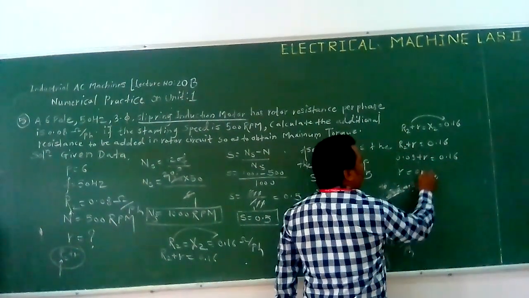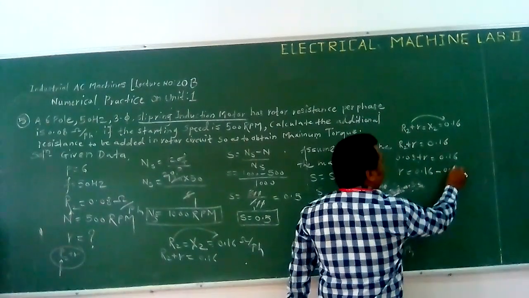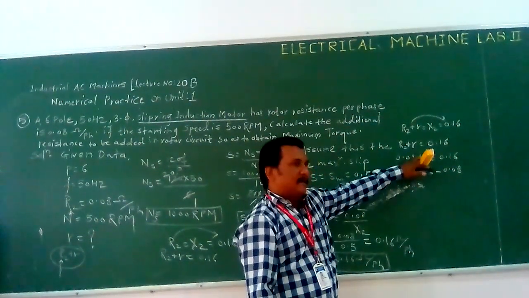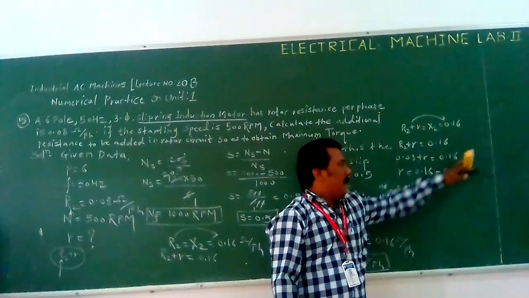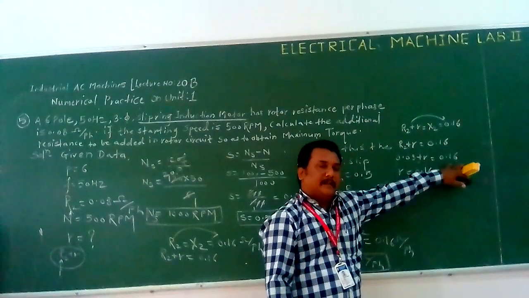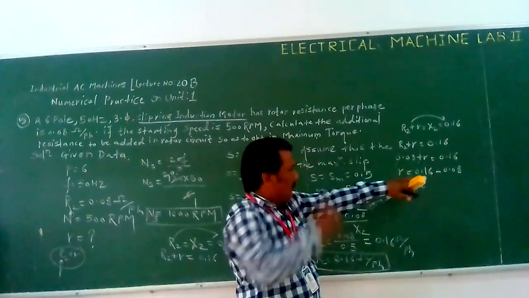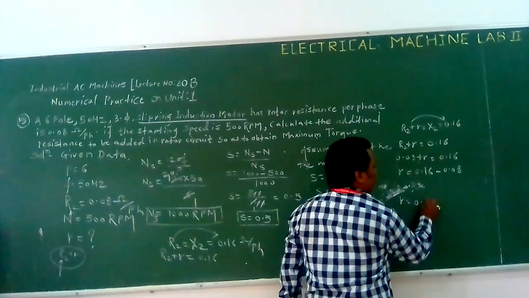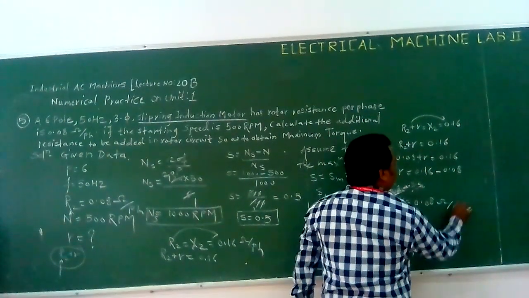R will be 0.16 minus 0.08. Rearranging the terms, the 0.08 on the left side goes to the right side with a minus sign. So R is 0.16 minus 0.08, which is 0.08 ohm per phase.